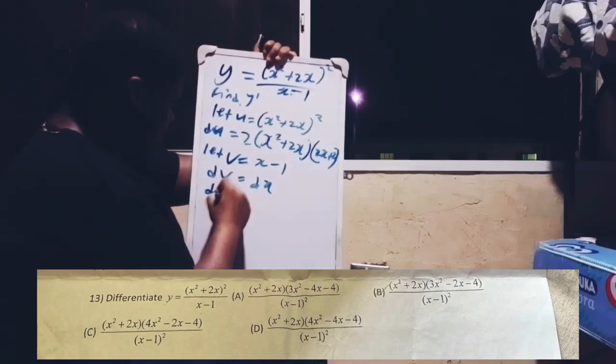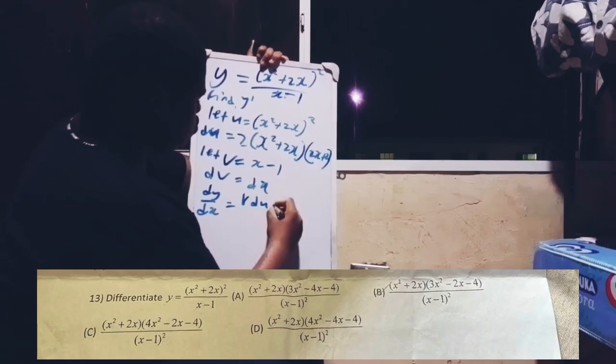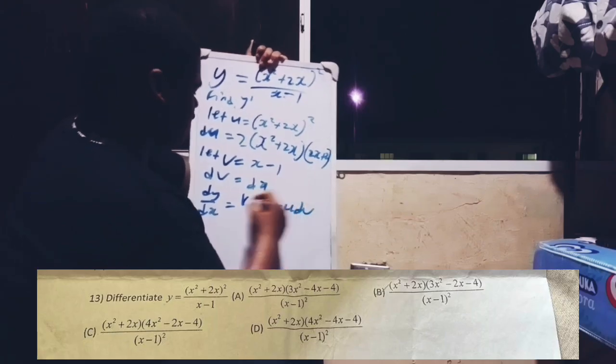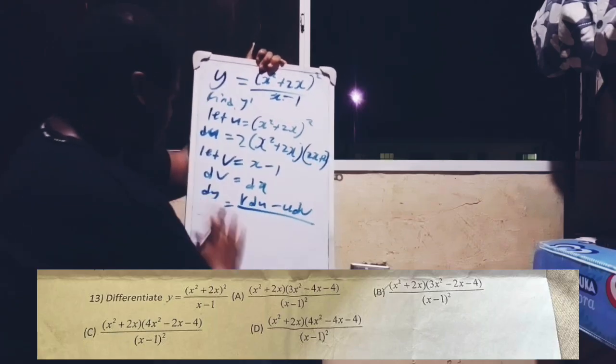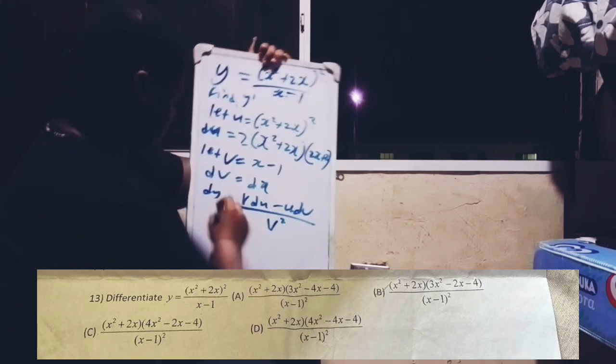So dy over dx is equal to, rather dy is equal to (v du minus u dv) divided by v squared.